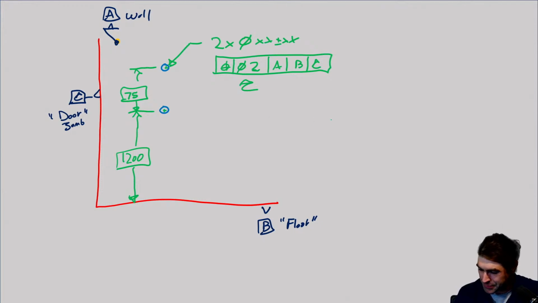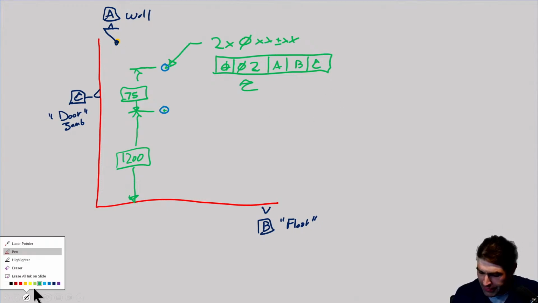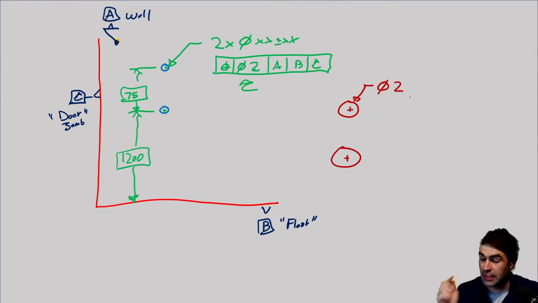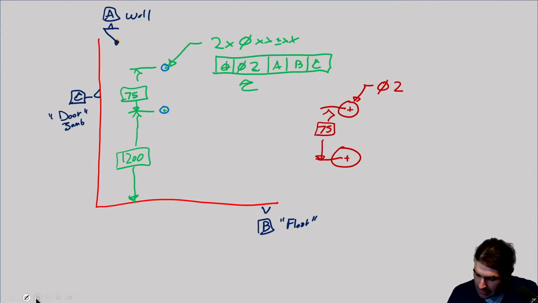Okay. So I want to draw what that kind of looks like. Out of scale, say we've got 2 tolerance zones that are diameter of 2 millimeters each, and the distance between those tolerance zones is 75 millimeters.